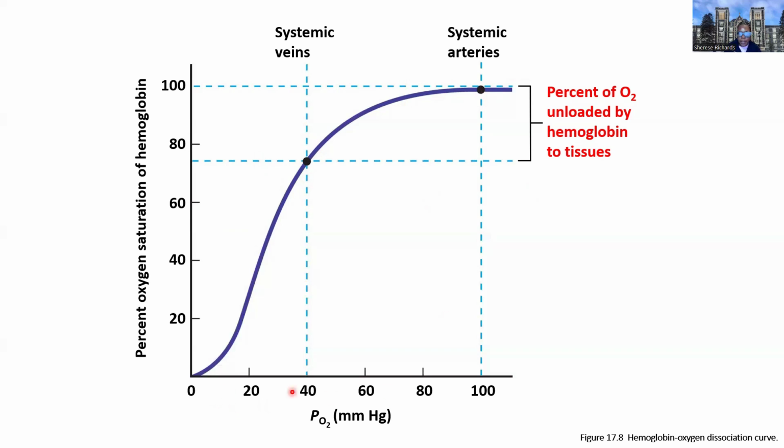And then we can compare the number of oxygen bound and the partial pressure of oxygen in that state. At the 75% saturation, where we have 3 oxygen bound, our partial pressure is 40. So it's going to be the same in the cells as it is in the systemic vein.